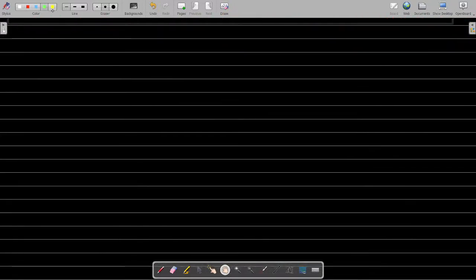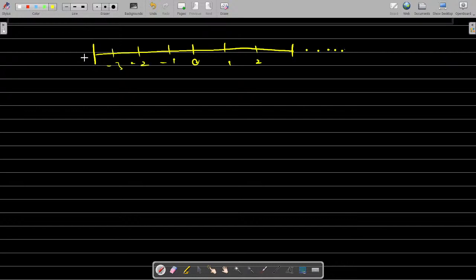Again, I am going to draw a number line where this extends to infinite side, to the right hand side, and this extends to the left hand side, goes on and on and on. So to the right hand side here lies the positive values, positive integers. To the left hand side here lies the negative values called as negative integers.